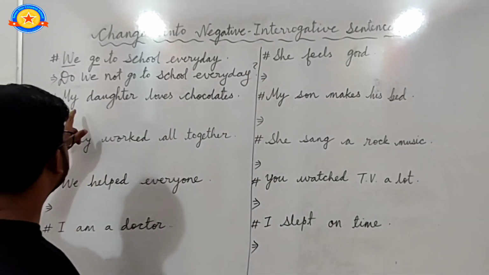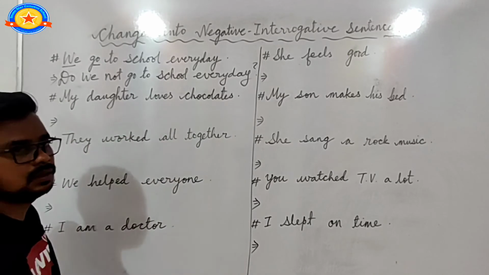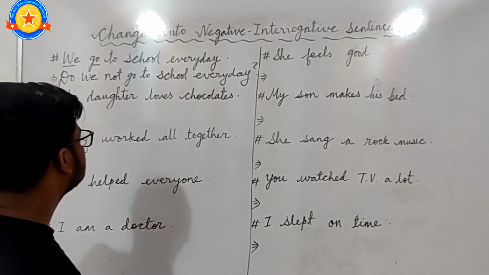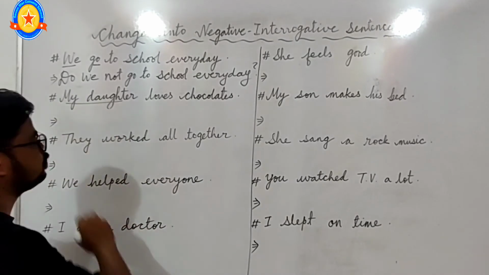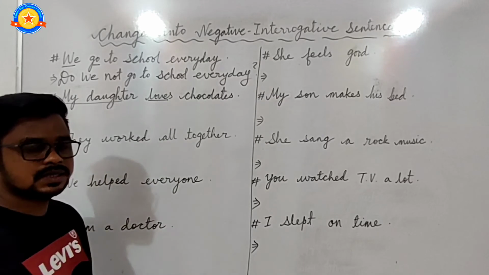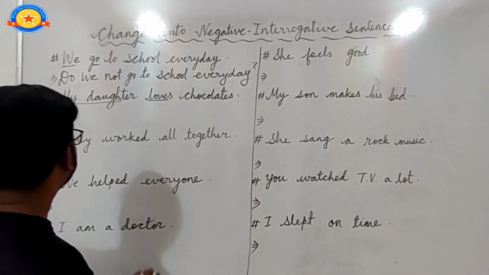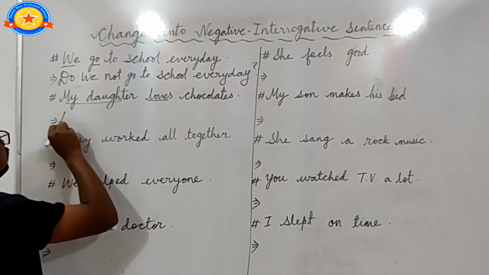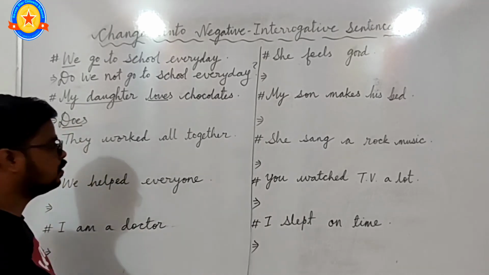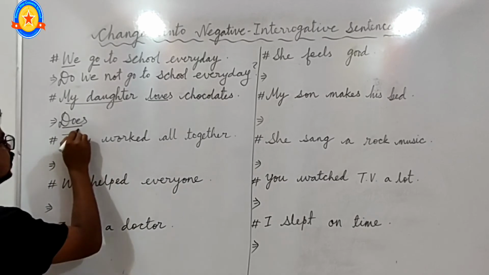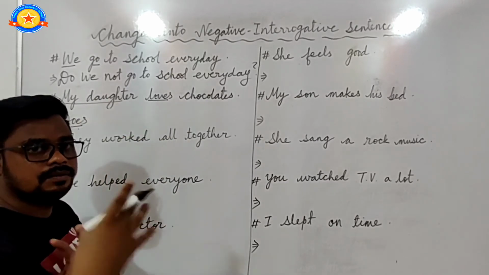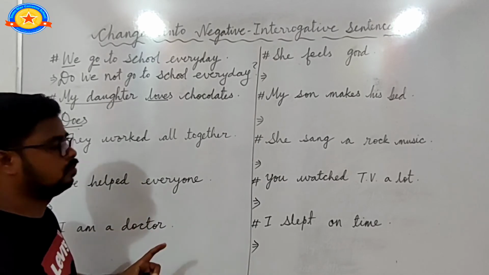Our next question is: My daughter loves chocolates. It is also simple present tense. Here my daughter is third person singular, and in the main verb s is added. So the be verb does will come here. When we write does, the s from the main verb will be removed.